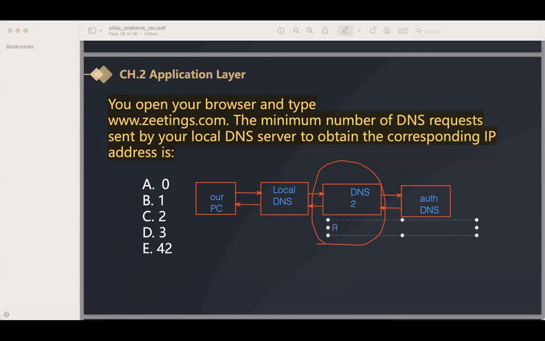We will go through the root DNS and the .au DNS, and we may go to the edu.au DNS, etc. We don't know how many DNS servers are in the middle, but we are asking about the minimum number of DNS servers.